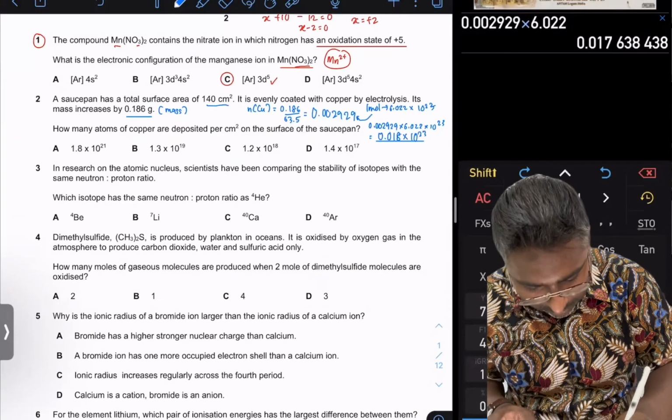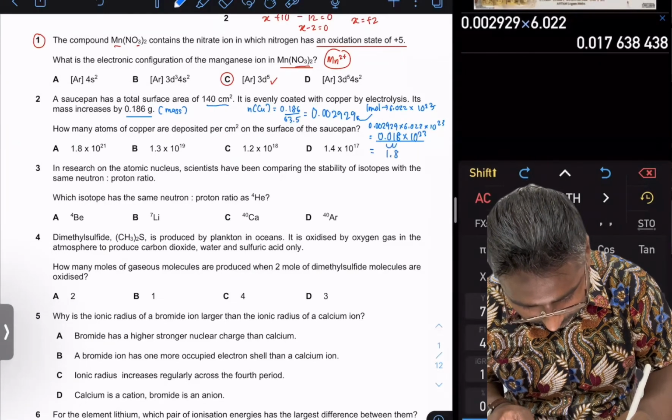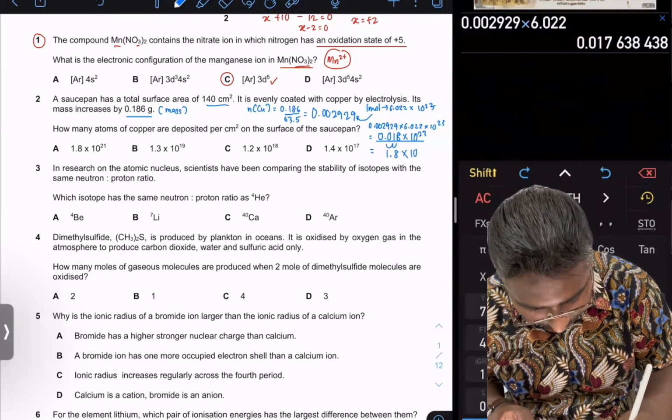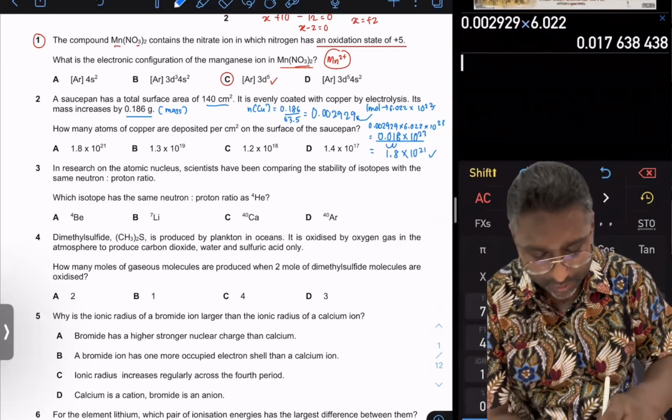I can bring this to 1.8 times 10. I moved 2 places, so 10 to the power 21. This is going to be the number of atoms of copper.